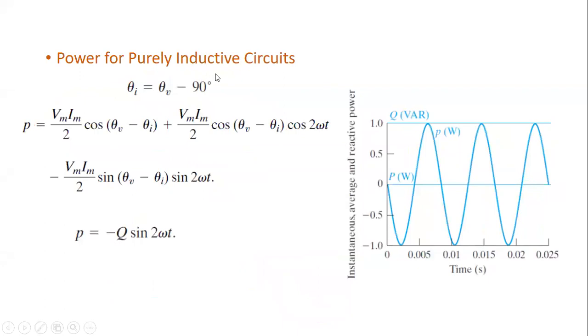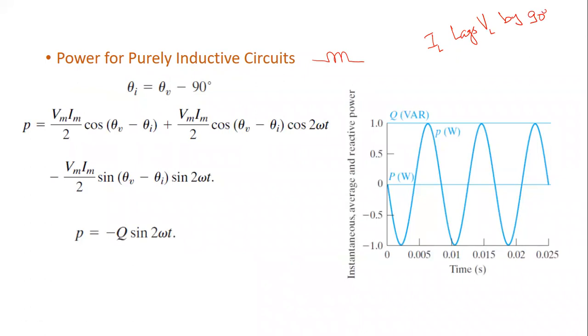Now we have a purely inductive circuit. In a purely inductive circuit, we know that the current in the inductor, IL, lags the voltage across the inductor, VL, by 90 degrees.